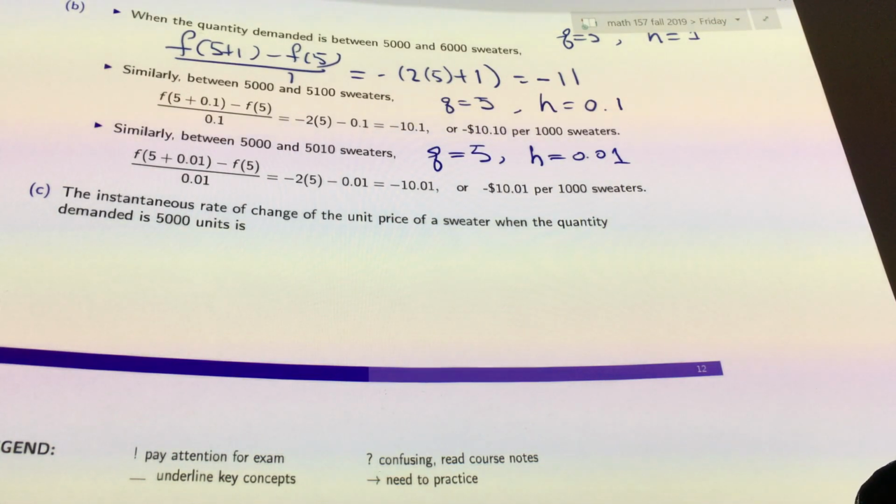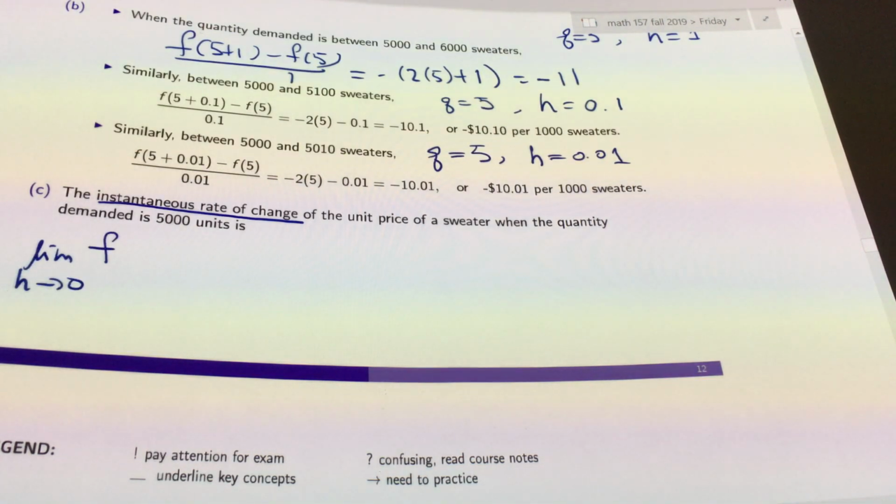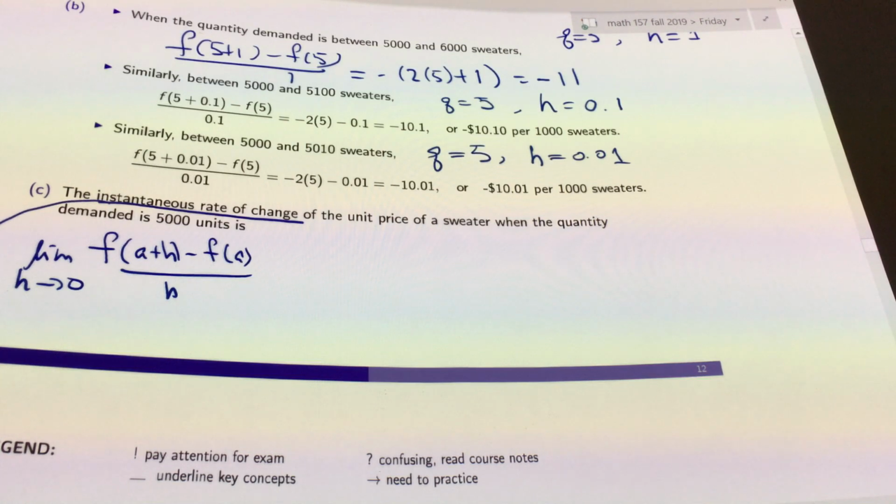So it seems they approach 10. Okay? The instantaneous rate of change, that means it's not average, you have to take the limit. Okay? That would be the instantaneous. When you see instantaneous, you have to consider limits.